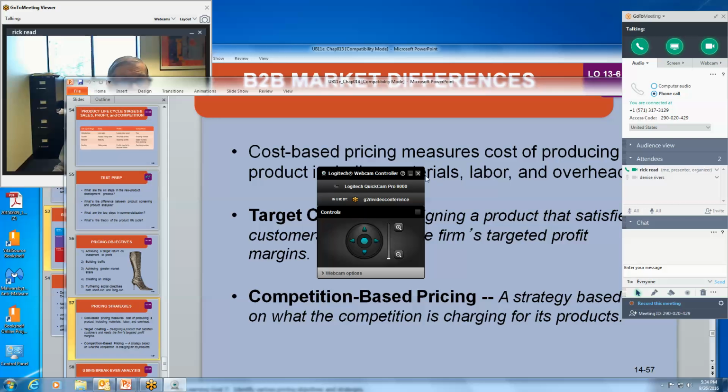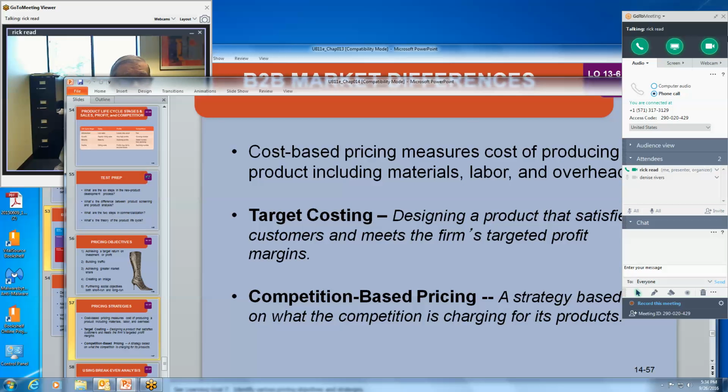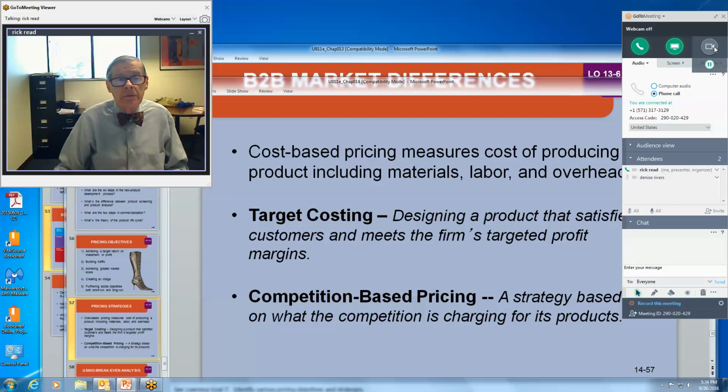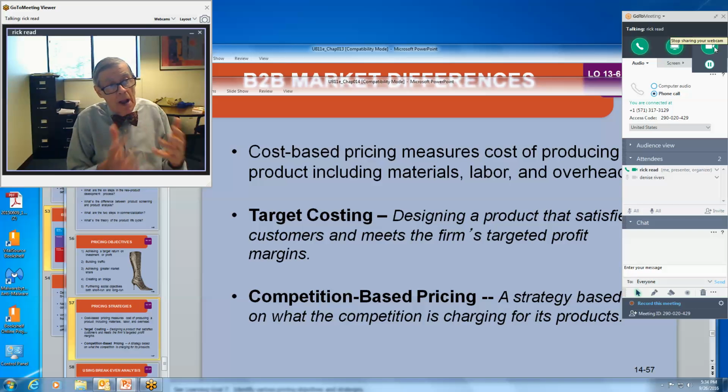So we can do things like target costing. We design a product that meets the firm's target profit. Competition based, in other words, we're going to sell somewhere around what the competition sells.